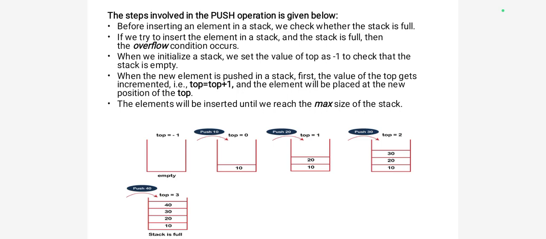Initially top is -1 plus 1, which is 0, so top points to location 0, and then we can insert the element 10. Likewise we can insert the elements 20, 30, 40. After inserting element 40, again we perform the push operation, meaning an insertion operation, but here top is at max minus 1 position, so this shows that the stack is full.